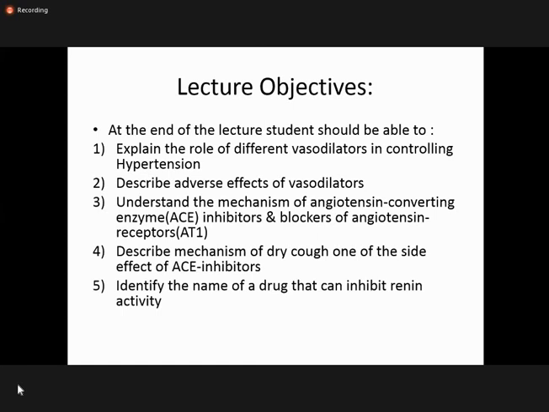At the end of this lecture, you must be able to identify or explain the role of different vasodilators that we can use to control hypertension, adverse effects of vasodilators, which are very important, mechanism of angiotensin converting enzyme inhibitors and angiotensin receptor blockers, describe the mechanism of dry cough, one of the important side effects of ACE inhibitors, and identify the name of a drug that can inhibit renin activity.